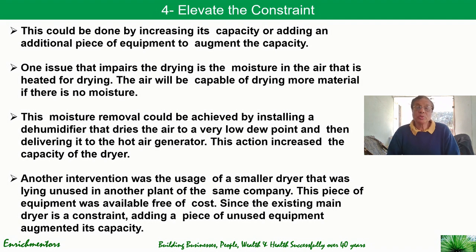Another intervention could be the use of a small dryer that they found was lying unused in the plant of the same company. So if this is free of cost, and the existing main dryer is a constraint, adding another unused dryer could elevate the constraint to a further level.